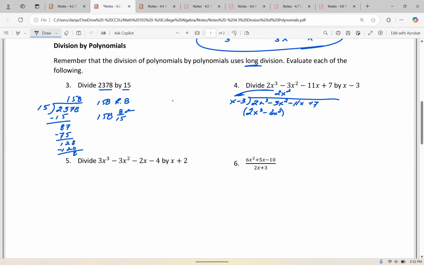And just like the long division, I'm then going to subtract that. 2x to the third minus 2x to the third, these will cancel. Then I have negative 3x squared minus negative 6x squared, which is a positive 3x squared. Bring down the 11x. 3x squared divided by x is 3x.